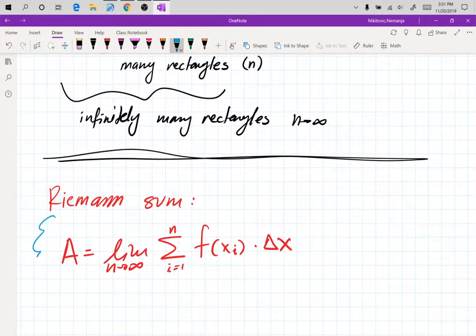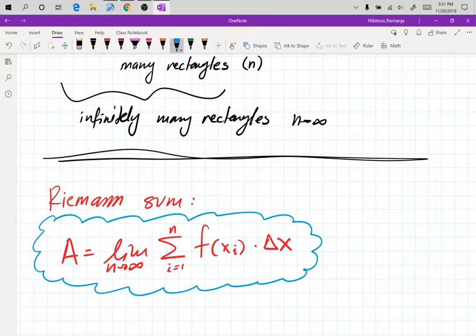And that's the Riemann sum to find area under the curve. Now again, we are using this for the curves where we can't use our rectangles and triangles and circles and geometry that we already know area for.